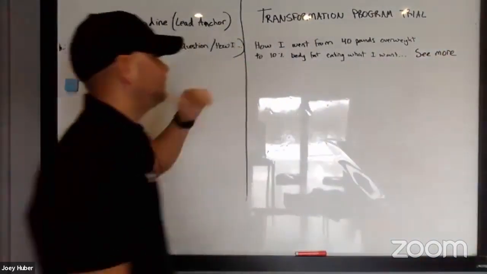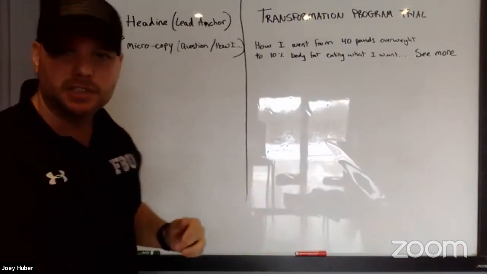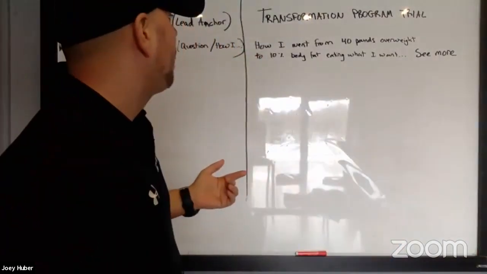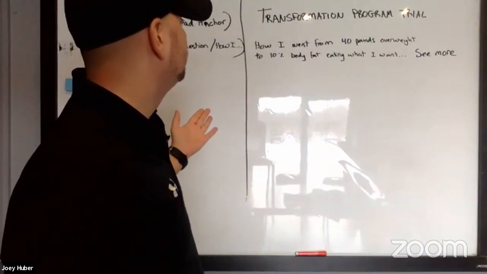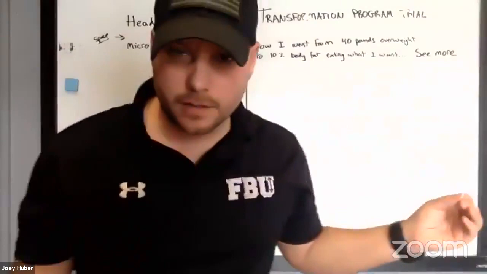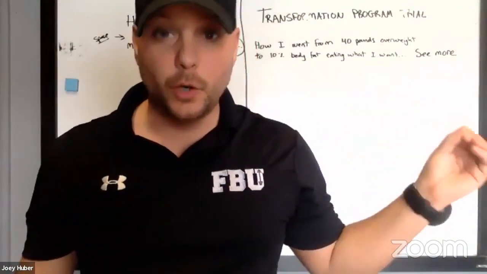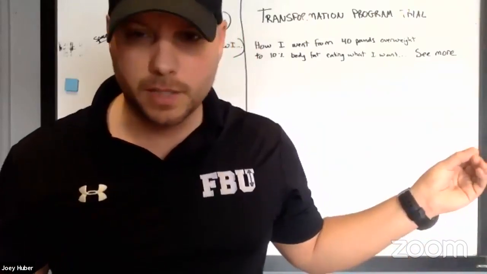Okay. I like to use a question a little bit more. So you could easily change that to say like, want to know the secret behind being 40 pounds overweight to being 10% body fat, eating whatever you want, right?